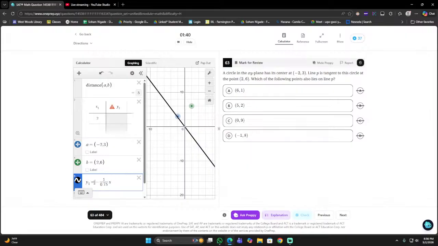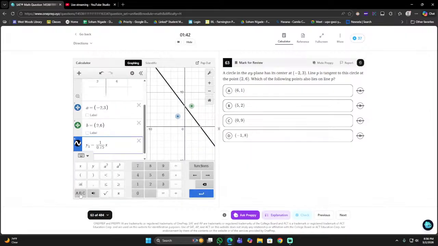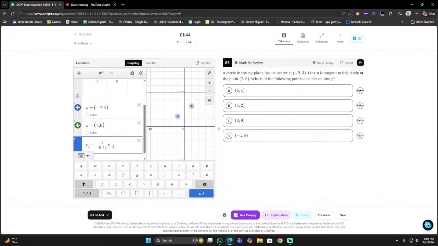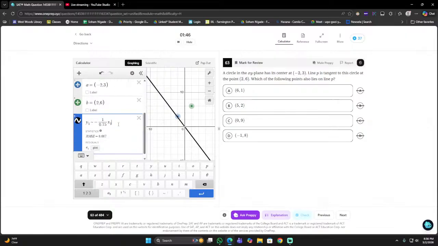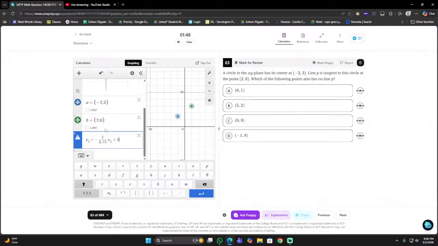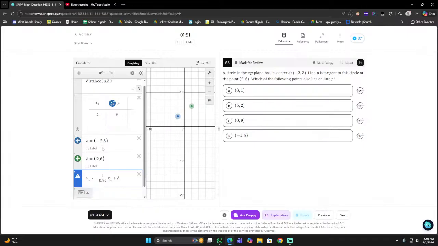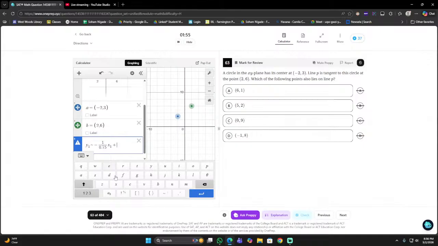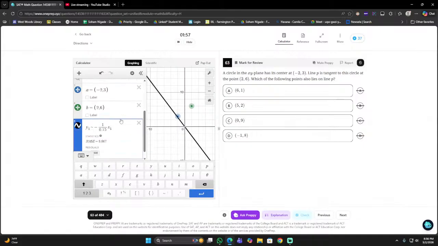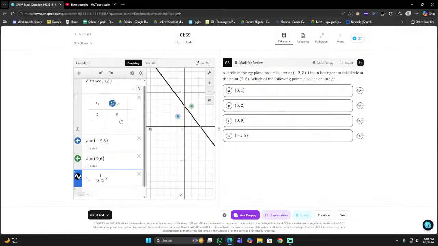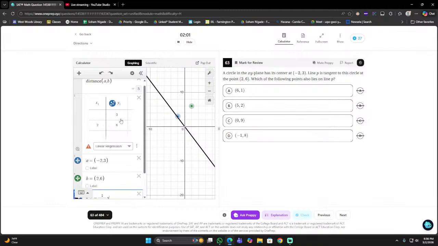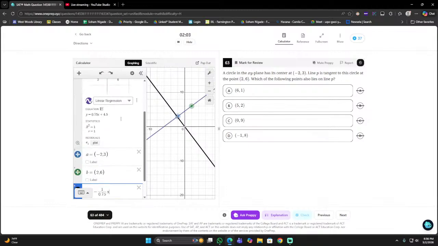I'm doing it slowly because I'm trying to do this. Okay, I'll do this by hand because this is easier.